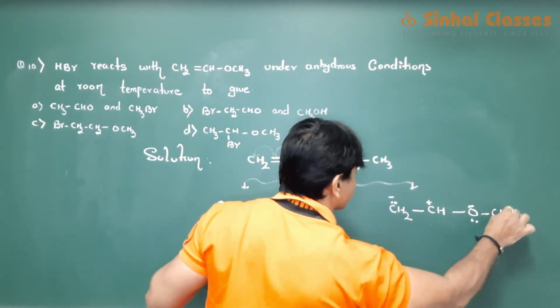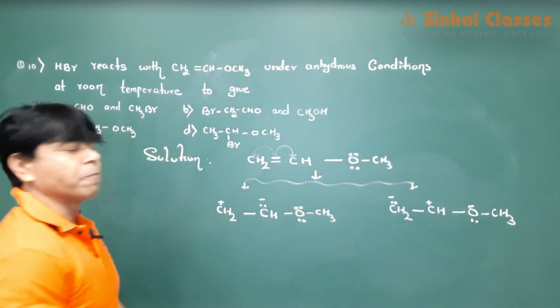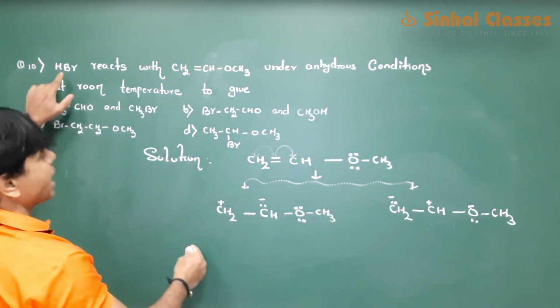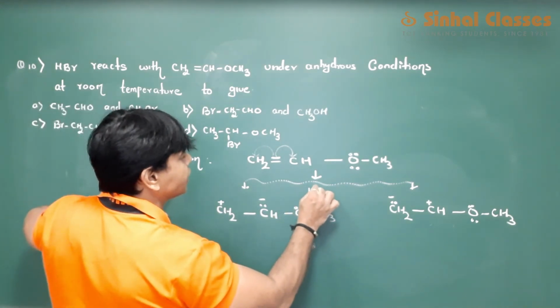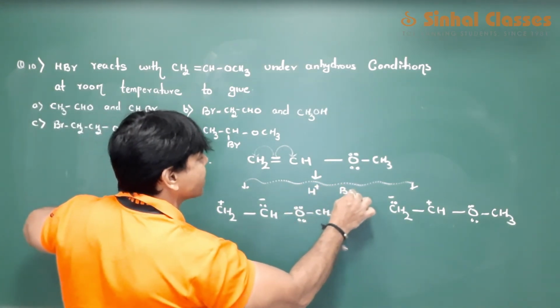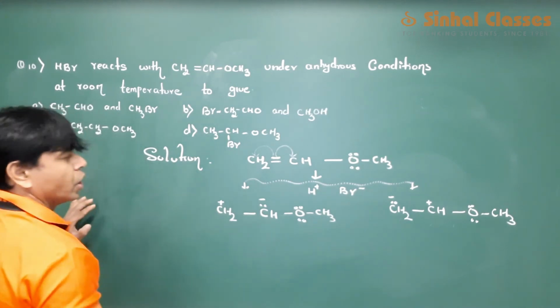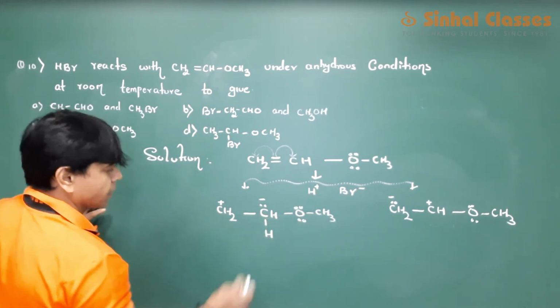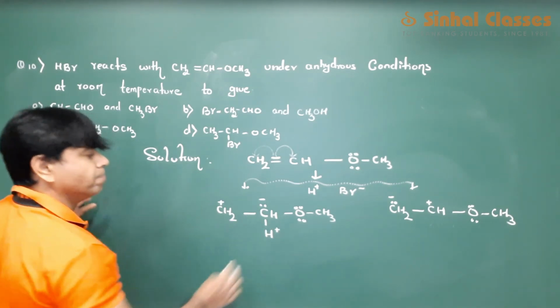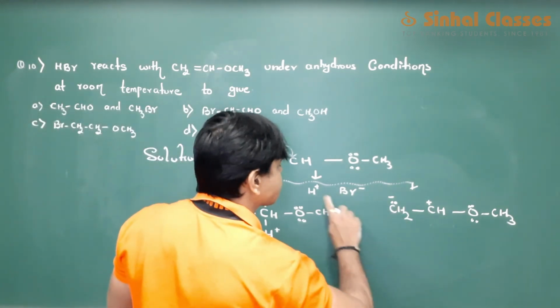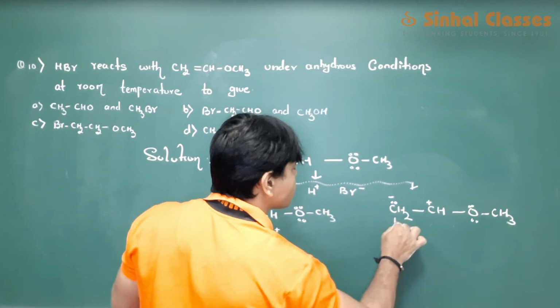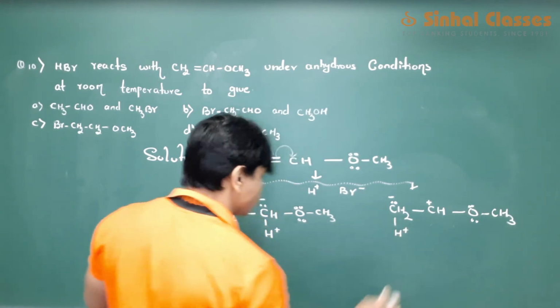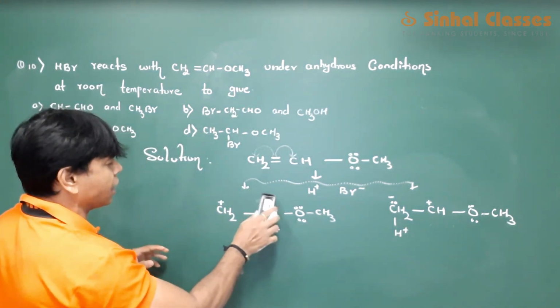Just observe this very carefully. Now when HBr breaks, it will dissociate into H plus and Br minus. In this case the H plus will go here. In the second case the H plus will reach here. Now just observe this, and the charges will be nullified.